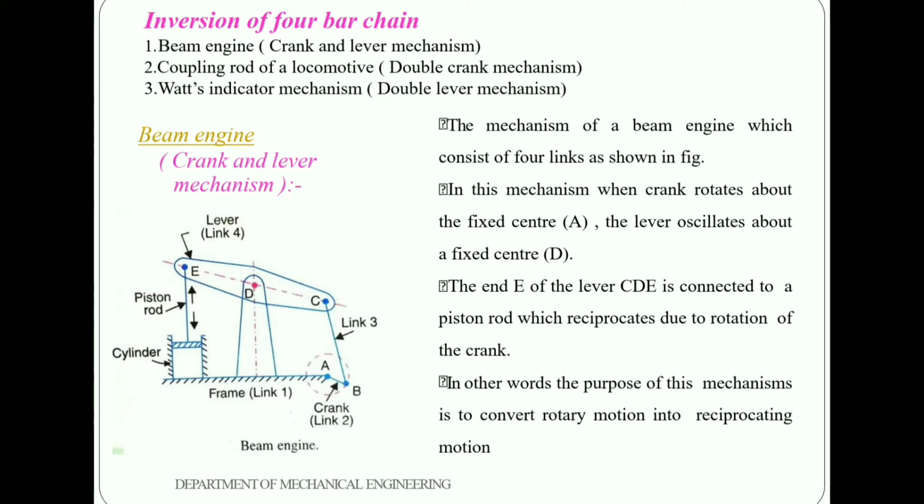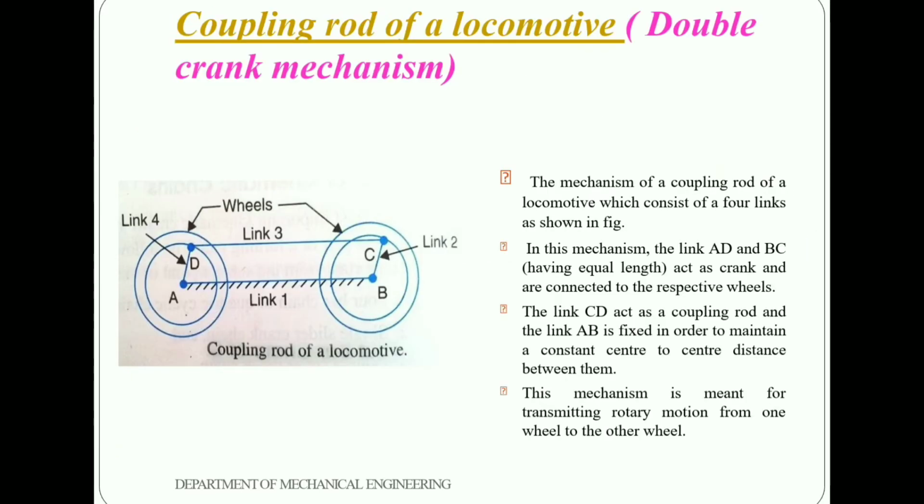Okay. Next we are going to see the coupling rod of a locomotive, or the double crank mechanism. The coupling wheel of a locomotive is an example of the double crank mechanism, where both cranks rotate about the points on the fixed link. It consists of 4 links and opposite links are equal in length, as shown in the figure here.